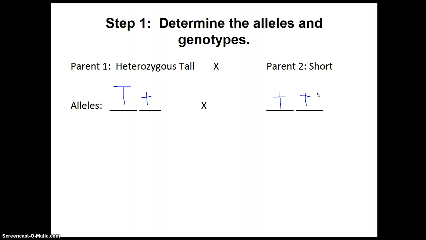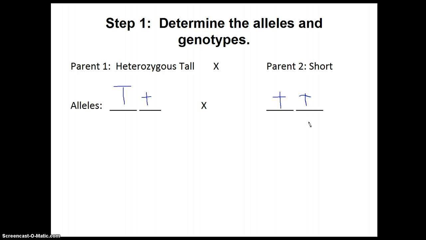The other one's going to be small t, small t. So that's step one, taking the word problem, figuring out what's dominant, and then writing what we're told about the parents into these symbols, these genotypes. Remember, one genotype is made of two alleles, one from its mom, one from its dad. Same thing over here.